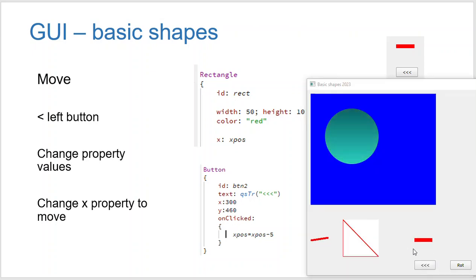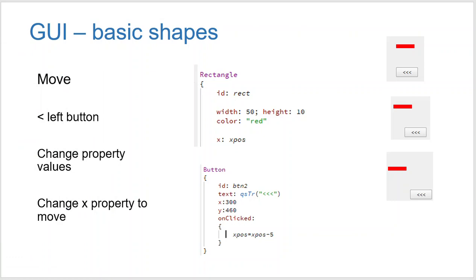So now this is the rectangle that I would like to move. If I press this button here, it will move to the left as I'm decreasing the variable value. When I press this button, it will decrease the xpos value, and the xpos value was tied here to that object position.